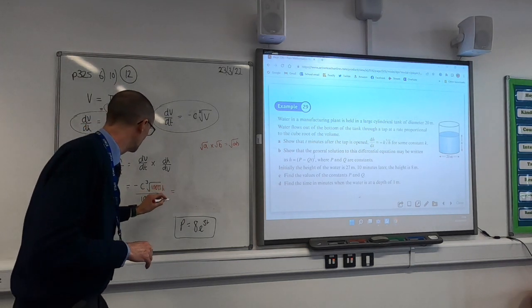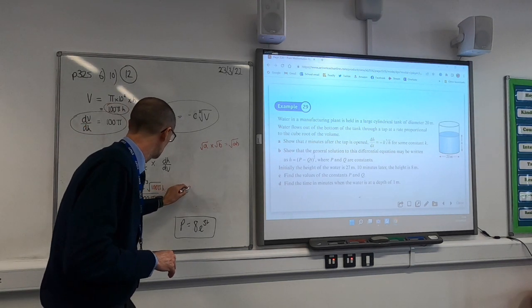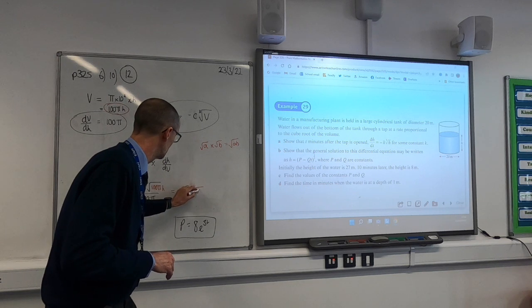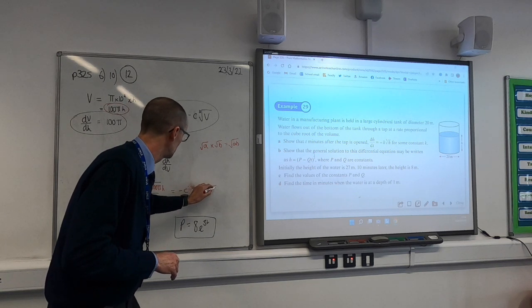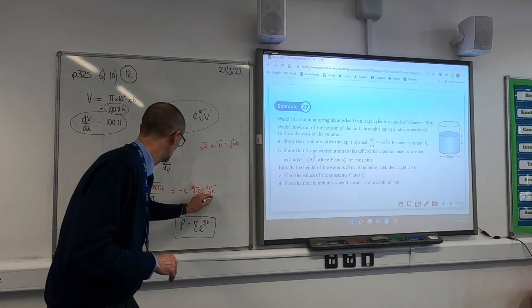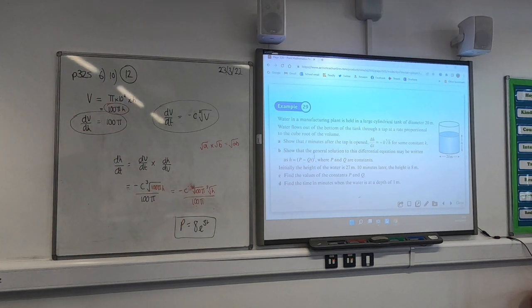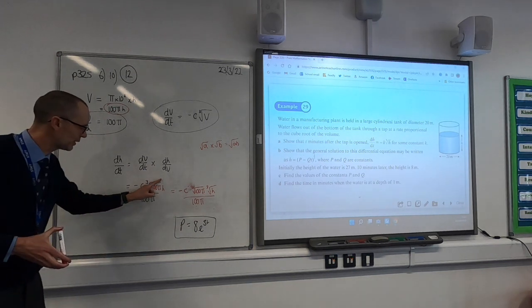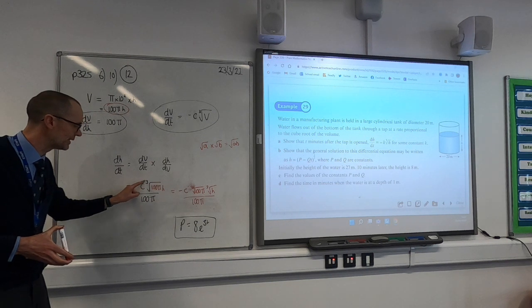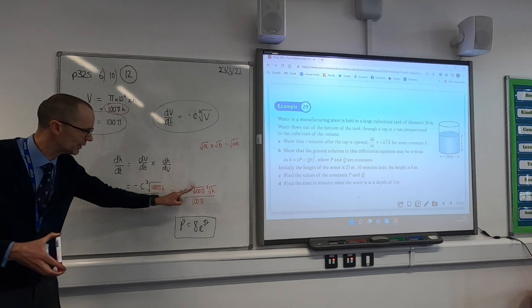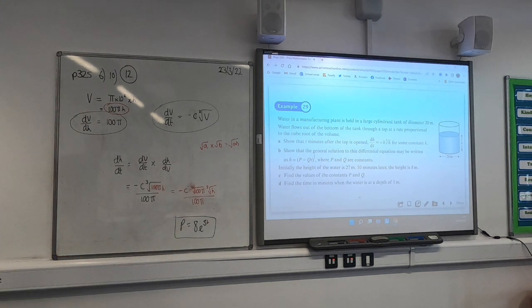So what I can say is, sorry, I've just split that cube root. It's not c cubed, is it? It's minus c times the cube root of, I haven't written it very clearly. So I've split that cube root up into two cube roots multiplied together.